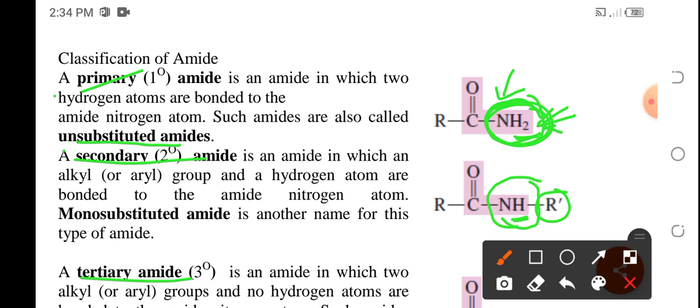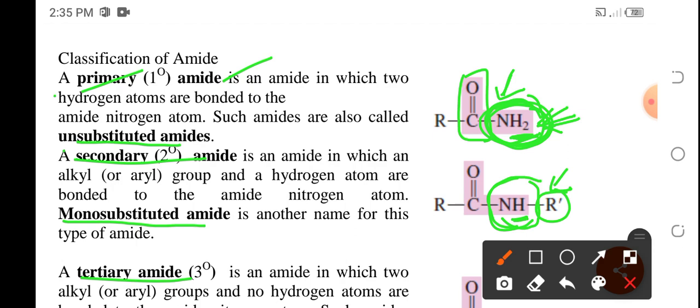Hence, the secondary amide is known as a monosubstituted amide because there is now one substituent attached to the nitrogen. So, let us repeat. Primary amide: the amino group doesn't have any carbon atoms attached to it aside, of course, from the carbonyl group, and it has two hydrogens.